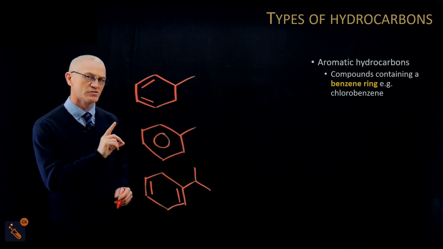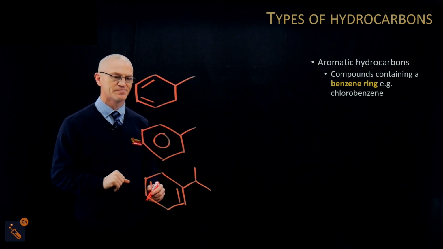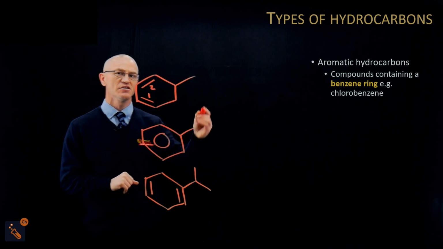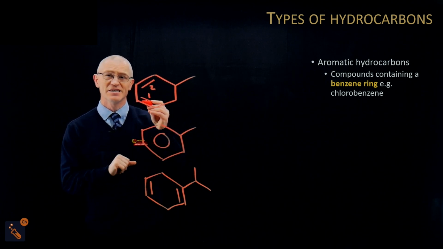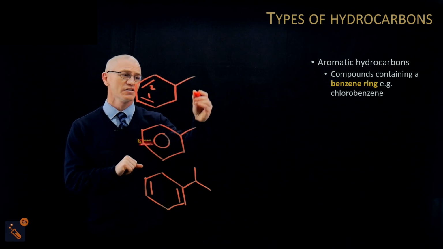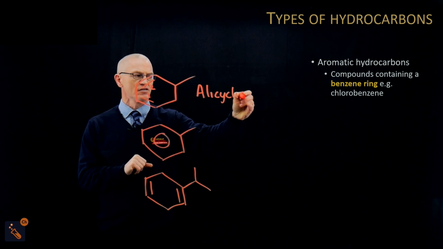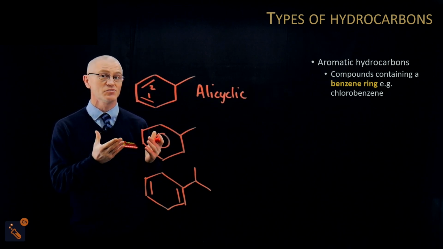Okay, so first of all, I've got to look for 3 double bonds in a hexagon. So there is 1 and there is 2 double bonds in that hexagon. So this is not aromatic, but it is a chain in a ring. So this is alicyclic. If it's alicyclic, what is it also?